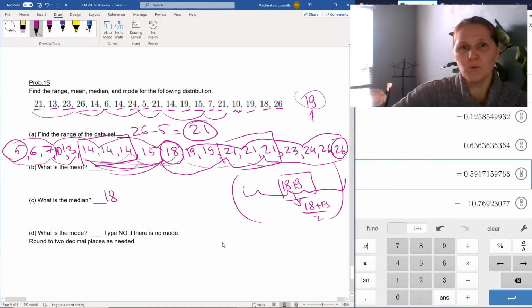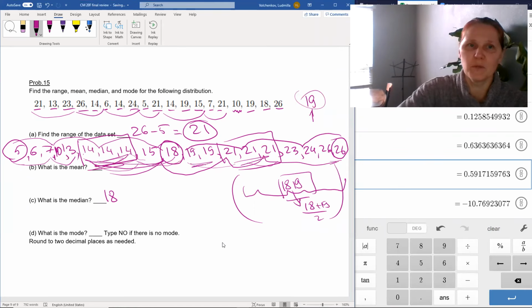To find the mode, we look at this arranged list of values, and we see that we have repeating values 14, 19, 21, 26, but the values that occur most frequently are 14 and 21. So in this example, we have two modes, 14 and 21.